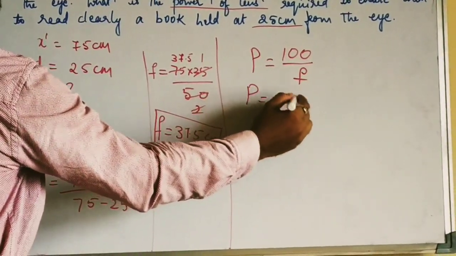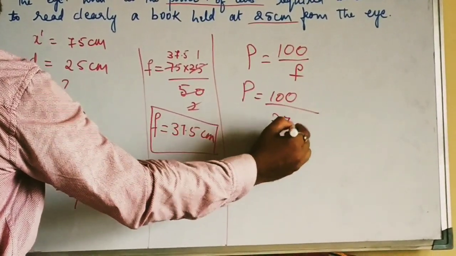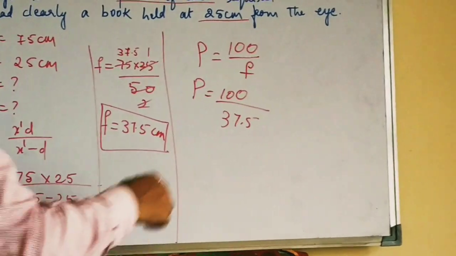So P is equal to 100 divided by 37.5. So what you can write this as?